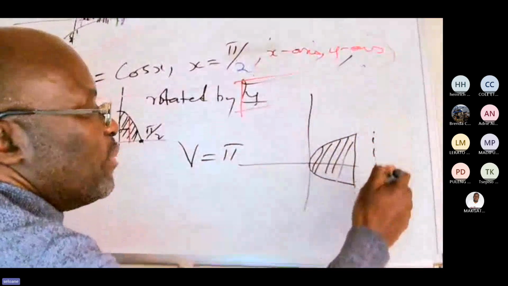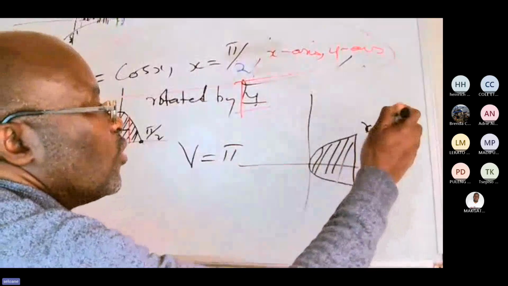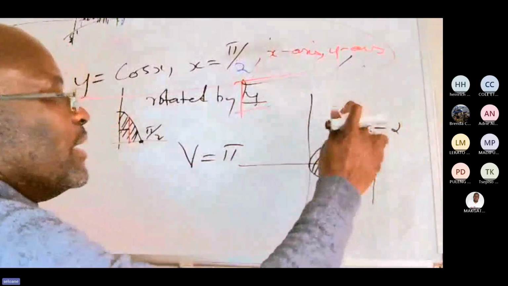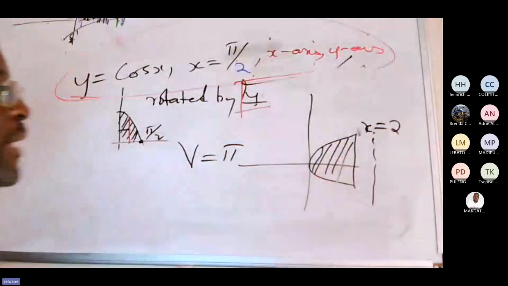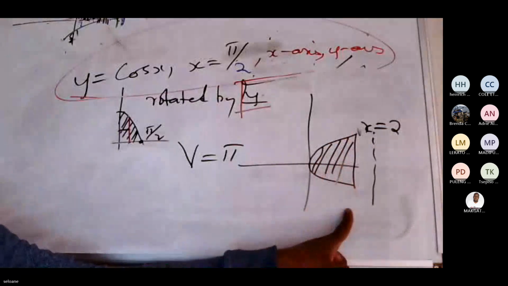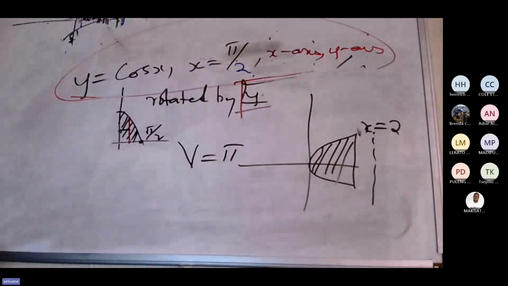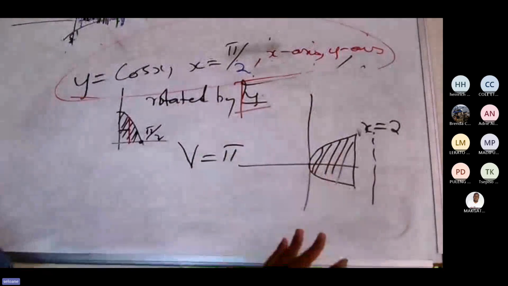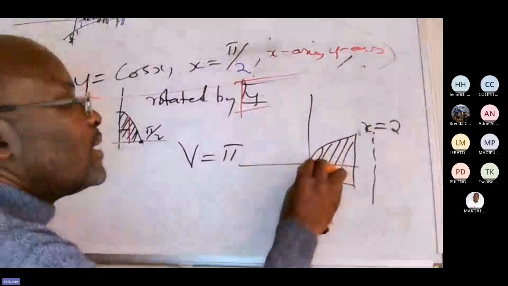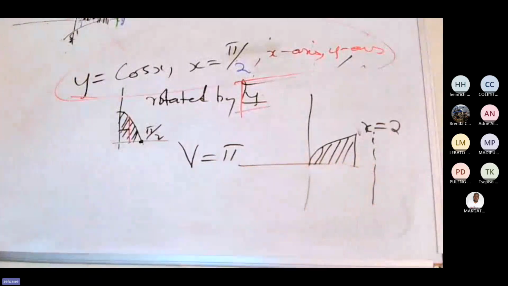Say you are spinning it by this line, x equal to 2, and x here is 1. Then you want to use the disk method. Then instead of using the whole region, you can only use just one part.